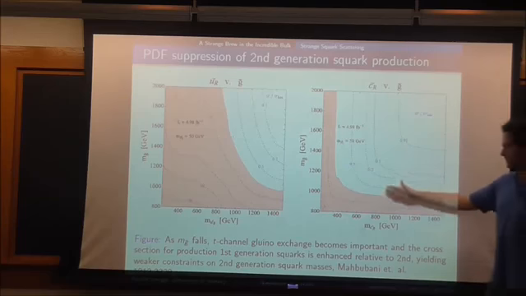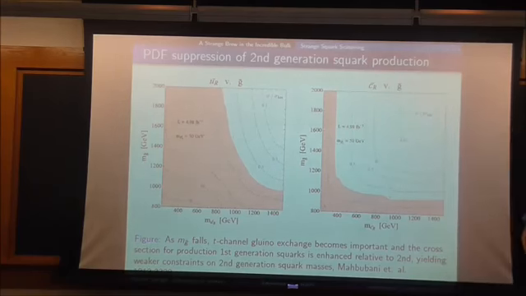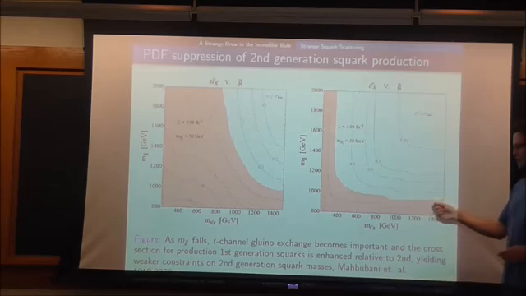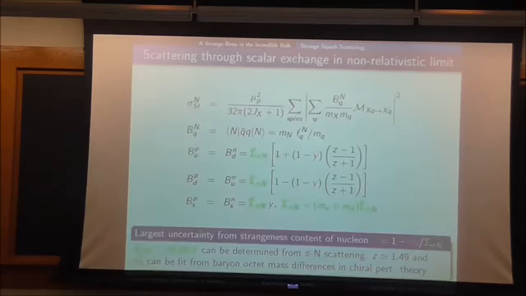Whereas for second generation, it really doesn't change very much between decoupled gluinos and one gluino mass. So that's kind of why we look at strange squarks. And the reason why we don't look at charm squarks is because the scattering cross-section will be suppressed by the charm mass. I'll talk about that here, or in the next slide.